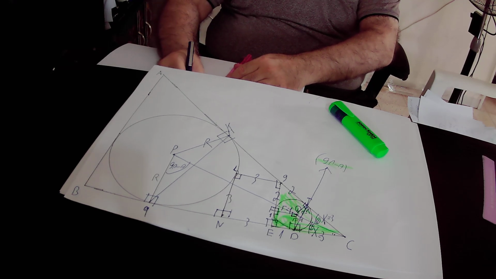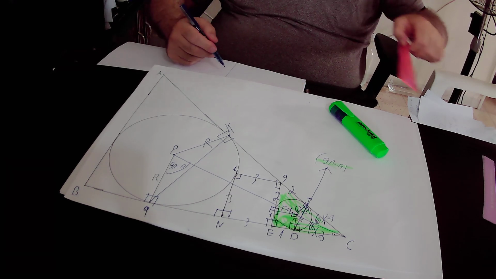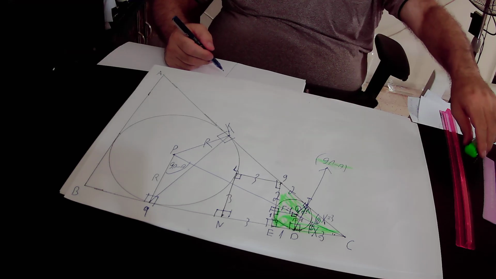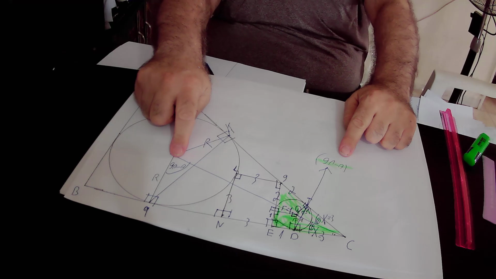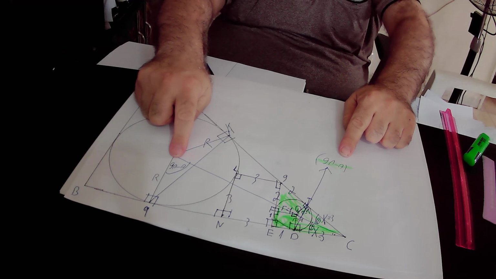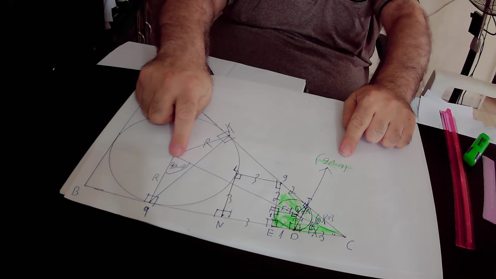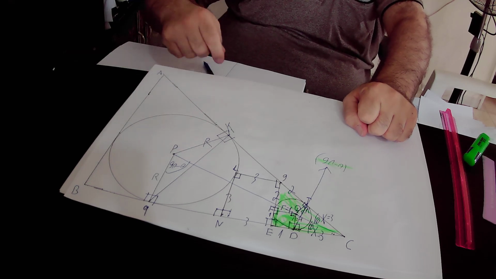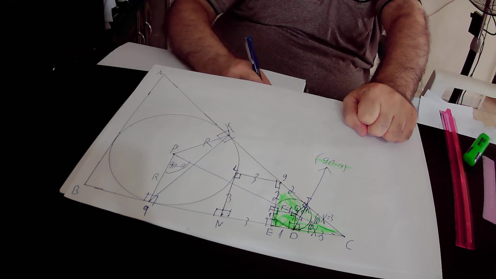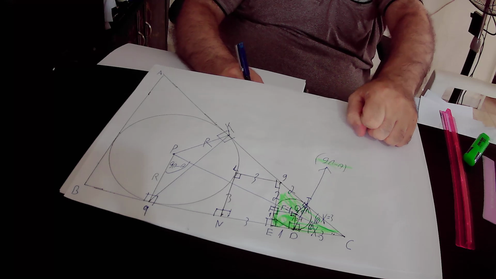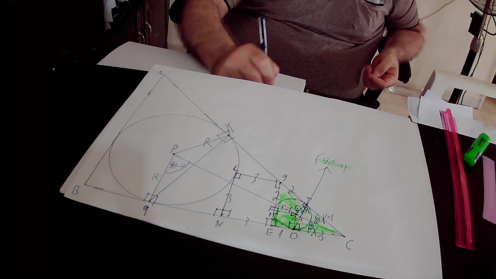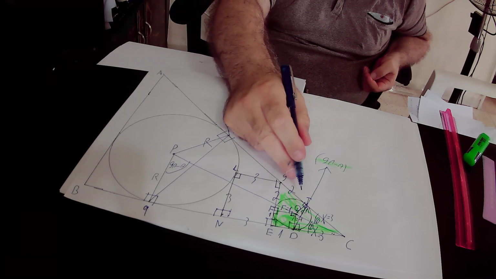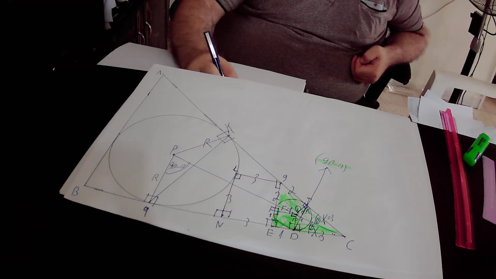So, why are those right triangles similar to each other? First of all, those two angles, they are both equal to 90 degrees minus theta, therefore they are equal to each other. So, this angle QPC is equal to this angle, that is angle COD.